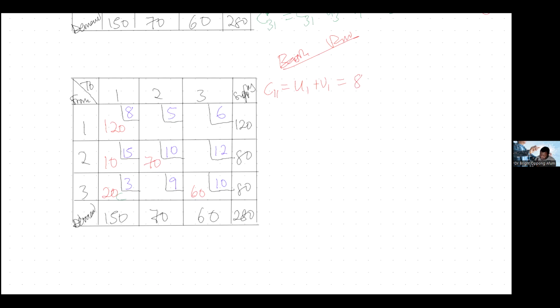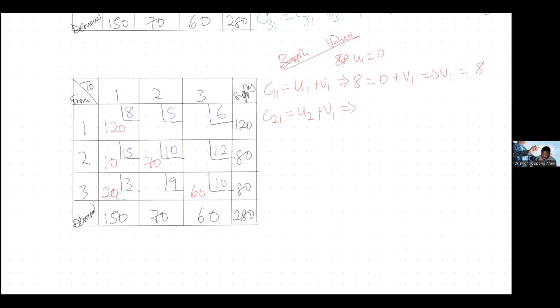So 8 is equal to U1 plus V1, and we can say that if U1 is equal to 0, then V1 is equal to 8. Then we look at C21. So C21 is U2 plus V1.